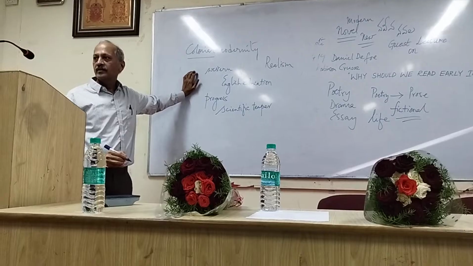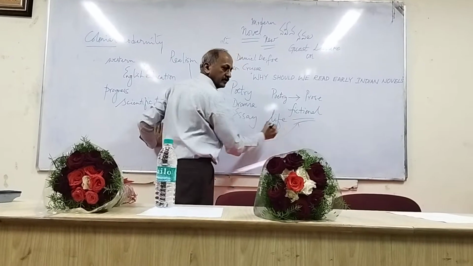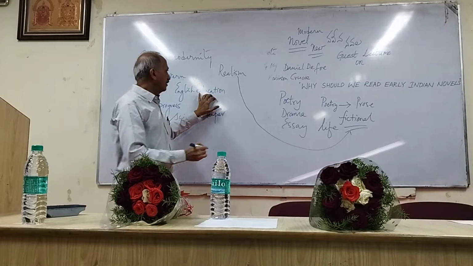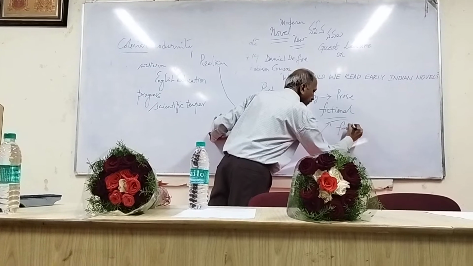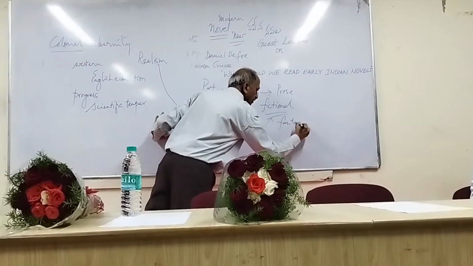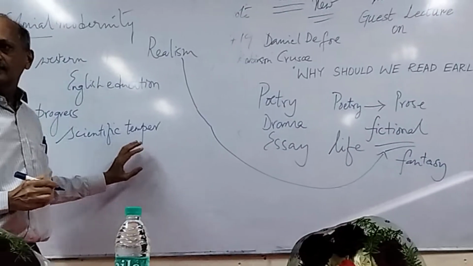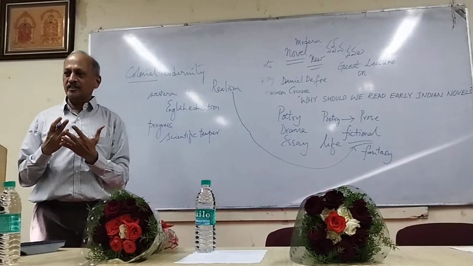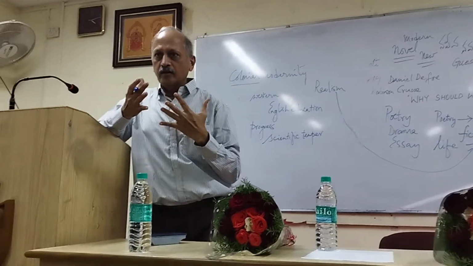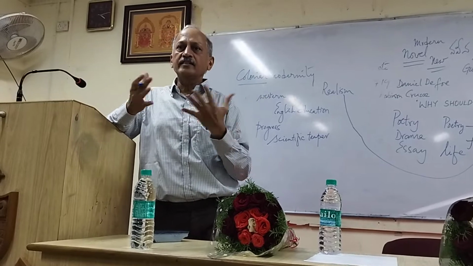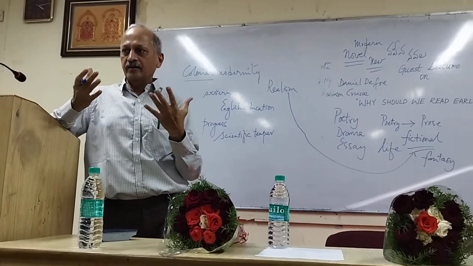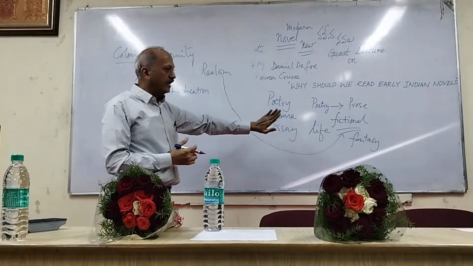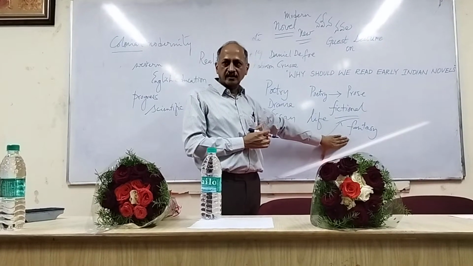Realism, plus the fictional element, the element of fantasy. Now, how do you merge in a genre two contradictory ways of talking about realism and at the same time talking about the fantastic?